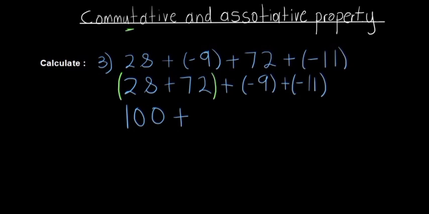Now we're gonna try and find a group that can add to a negative 20, and that group is the group on the right. So that means we're gonna add a negative 9 to a negative 11 to get a negative 20.